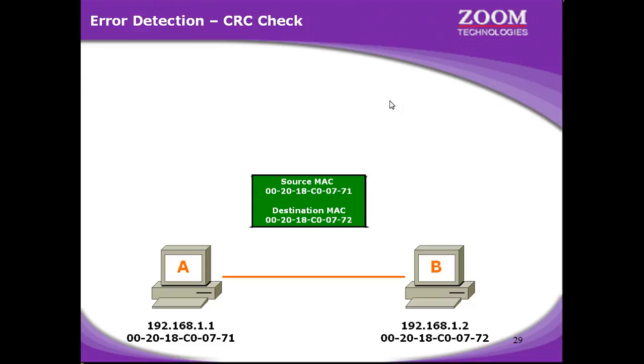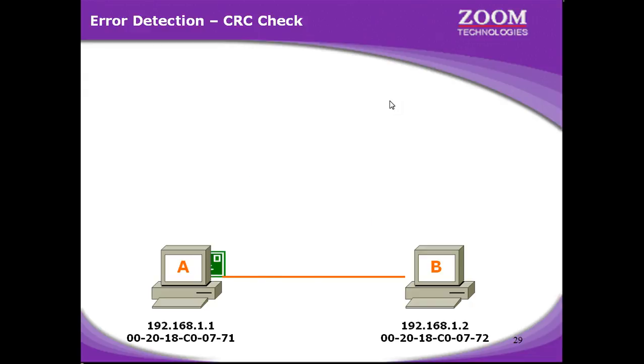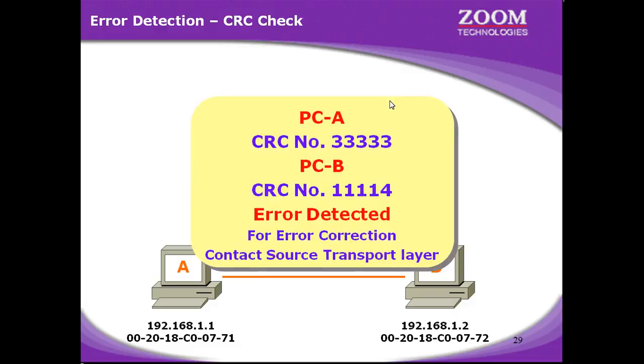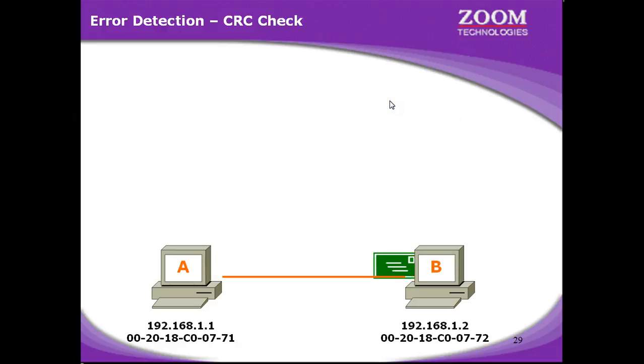So the basic fundamental of the data link layer is based on the MAC address. Error detection is a function which works on the data link layer.